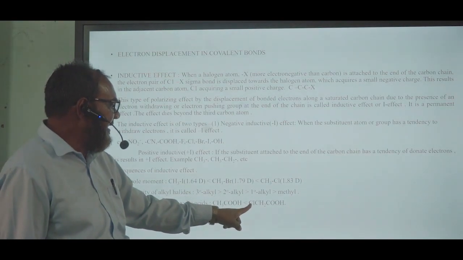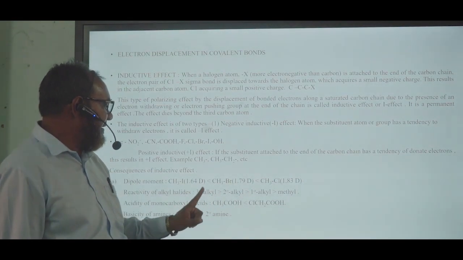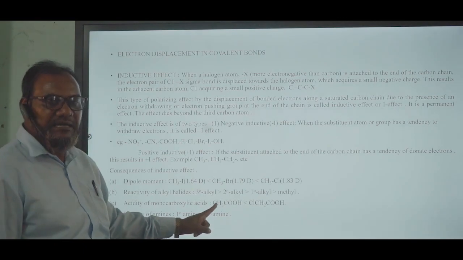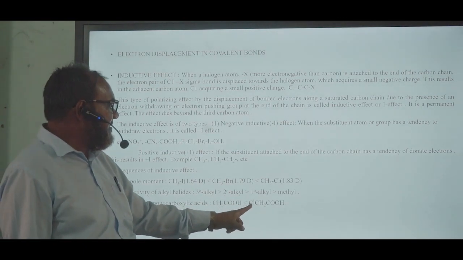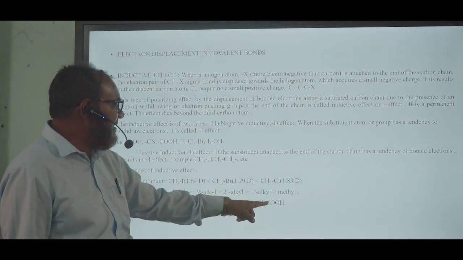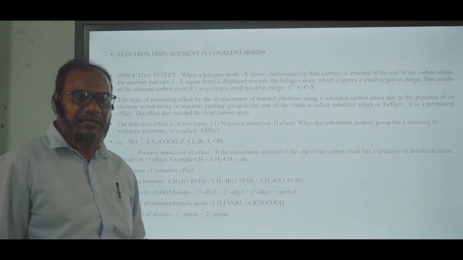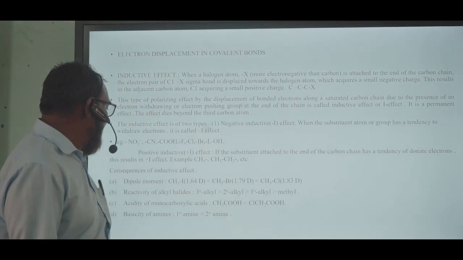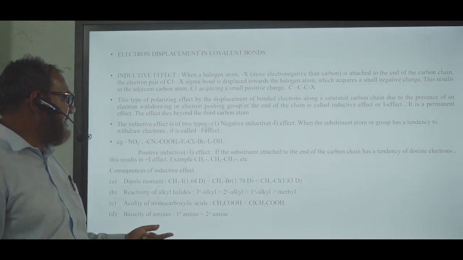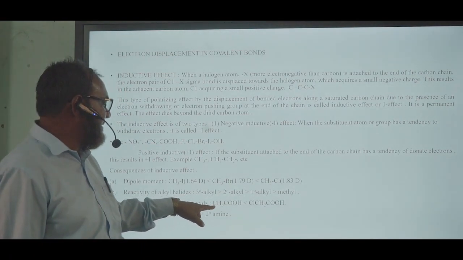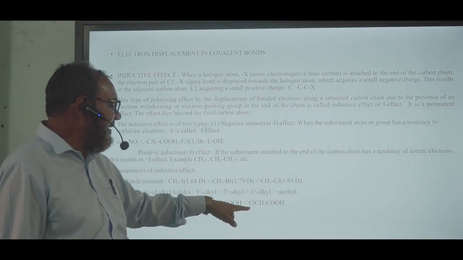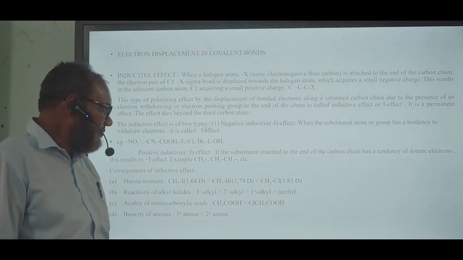That is, chlorine has minus I effect, while the methyl group has plus I effect, so chlorine will withdraw electrons from this carbon, and the carboxylic group will donate a proton easily. So the acidity of acetic acid, CH3COOH, is less than chloroacetic acid.